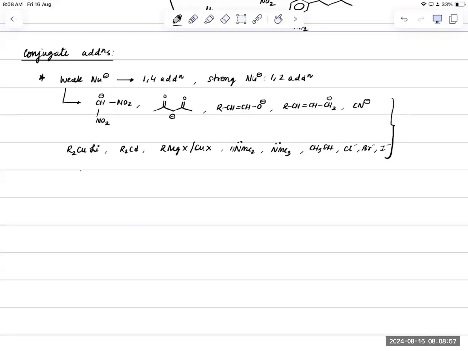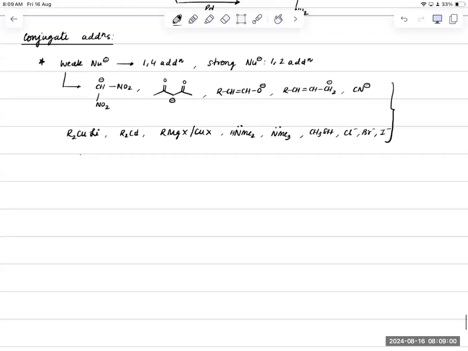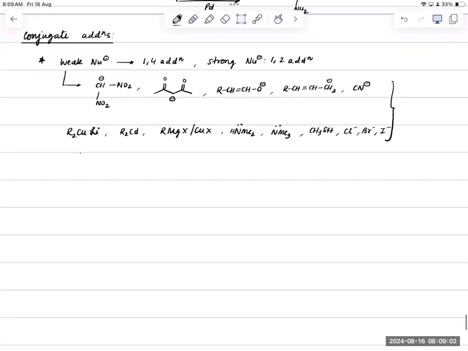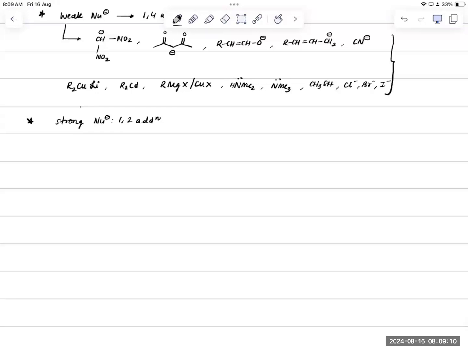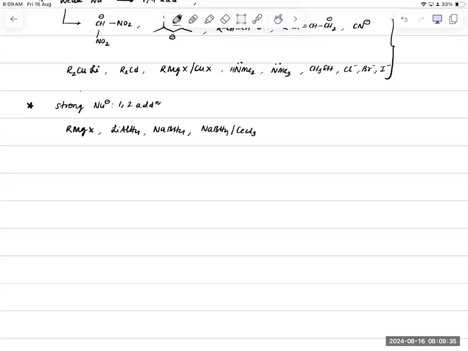Please remember that. Okay. If it has to go for 1,2 addition, that means it must be a strong nucleophile. Strong nucleophiles include RMgX directly. If you have RMgX, no copper, lithium aluminum hydride, NaBH4, got it? NaBH4 in this case, and specifically in a lot of cases, we might also add cerium trichloride to make sure it is always going to be 1,2 addition.